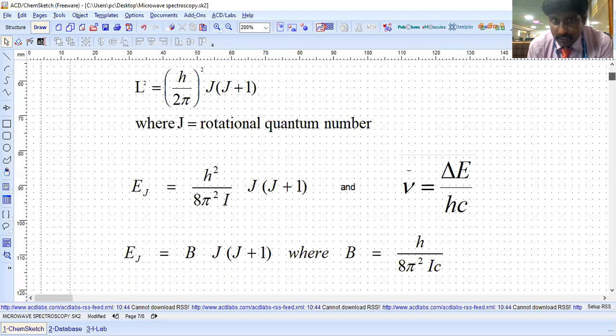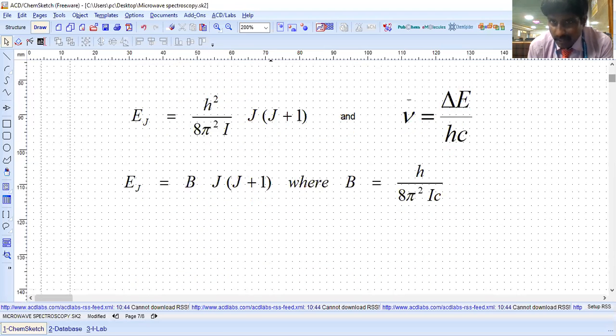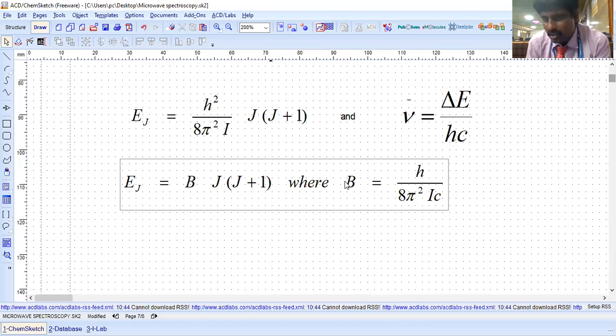And h by 8 pi square Ic is the B. Instead of writing this term here, I am keeping B. B is the rotational constant. Now, if you want to find out the J, we have to find out the B first. If you know the B, we can calculate the J.